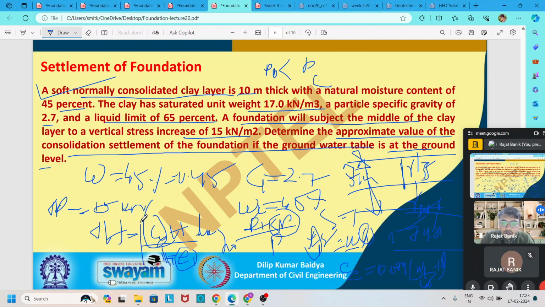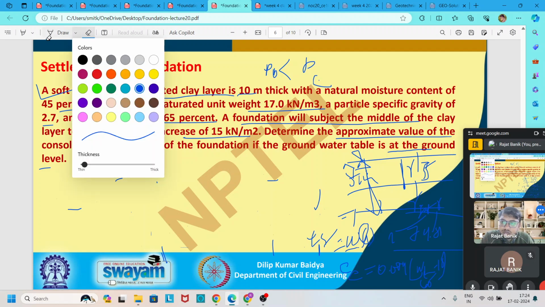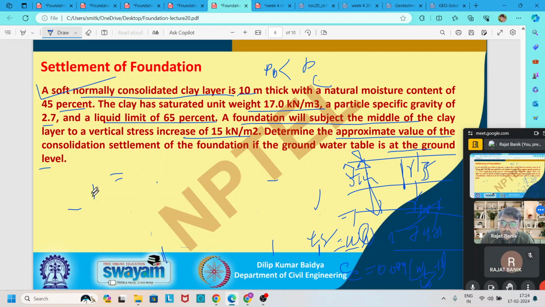After that, if you put all these values in this formula, I am writing again here, del H, that is settlement, is equal to Cc into H, thickness of the layer, divided by 1 plus E1, into log 10 of (sigma z dash, or we can say P1, plus del P, that is 15 kilonewton per meter square) divided by sigma z dash.